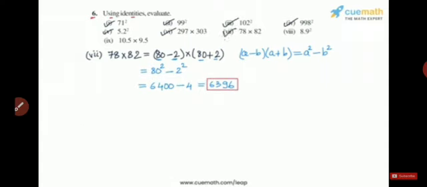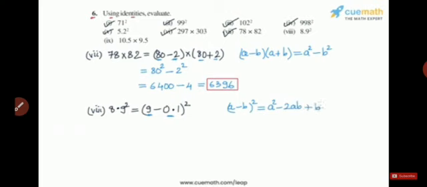And now eighth part is 8.9 square. We write it as 9 minus 0.1 whole square. Then apply the identity a minus b whole square, a representing 9 and b representing 0.1.